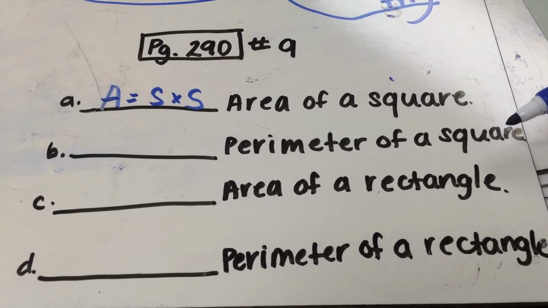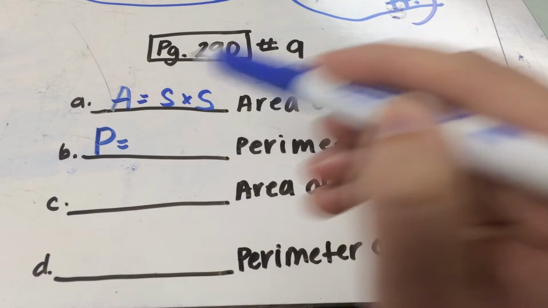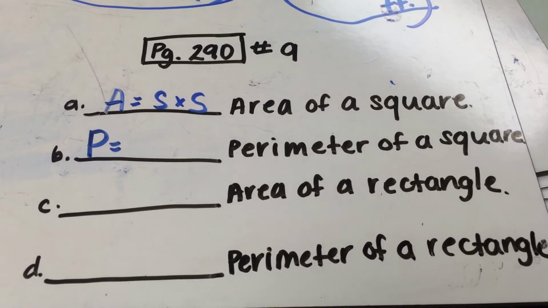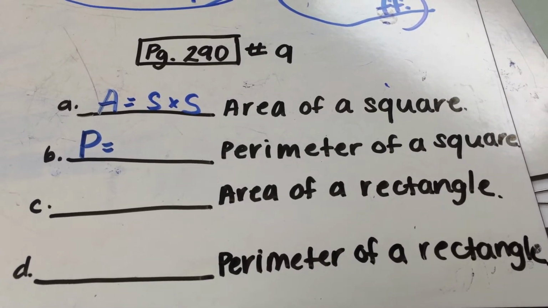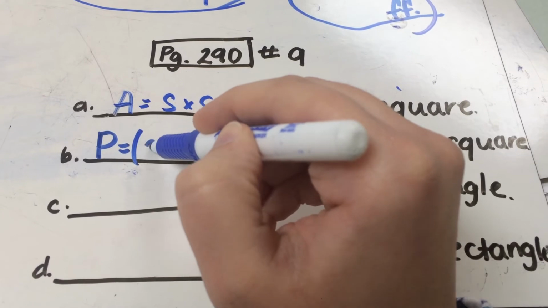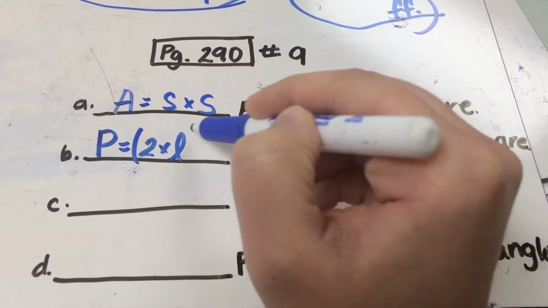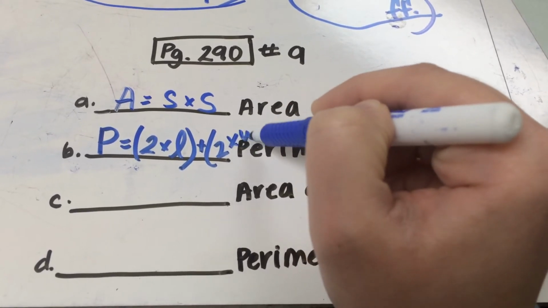Letter B, the perimeter of a square. So remember our perimeter, I'll give you a hint, it always starts with a P to stand for perimeter. This is from last week, I think. Go ahead and see if you can figure it out. Okay, your perimeter, this is probably the hardest one that you have, is 2 times your length plus 2 times your width.